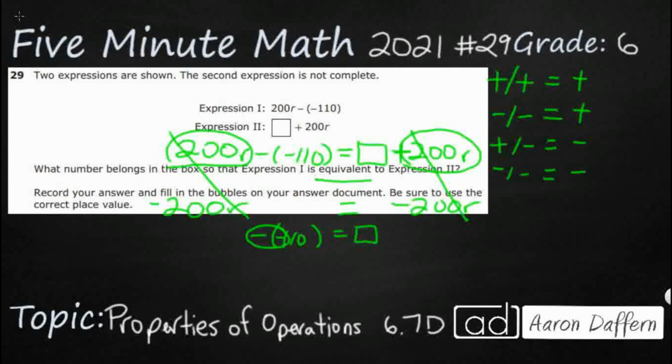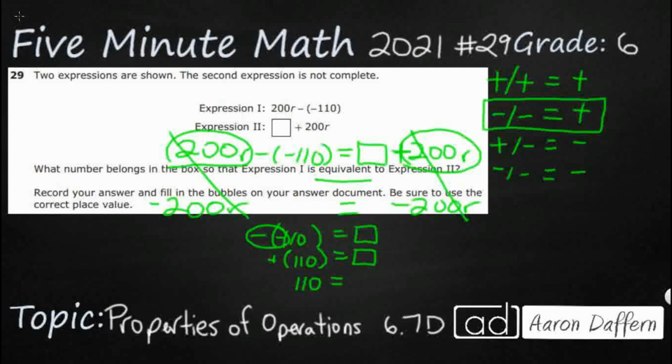So really our biggest question here is what to do with this minusing a negative, and they cancel each other out, and it becomes positive. So really this is just a positive 110. That's going to be our unknown term, or we could just call it 110.